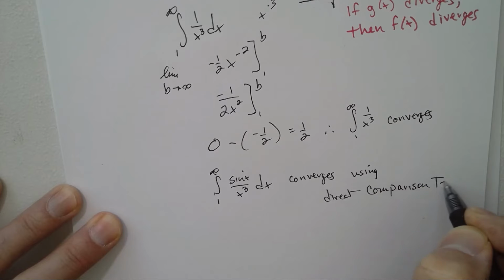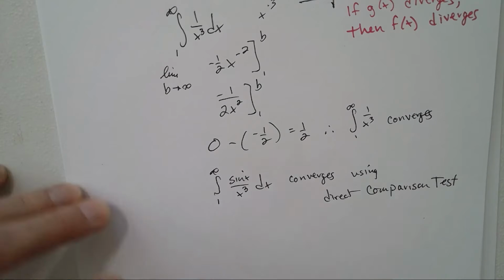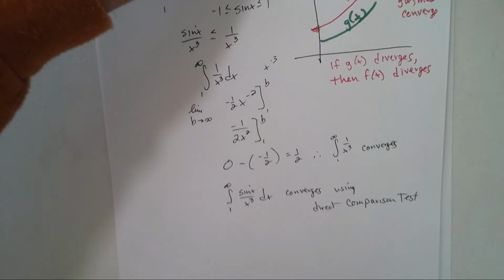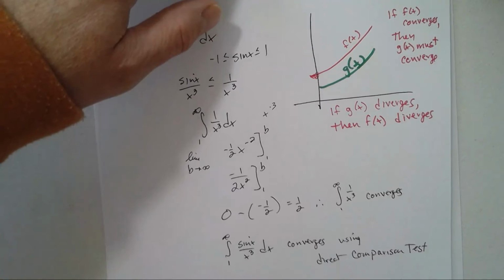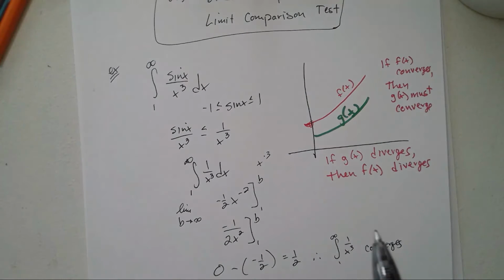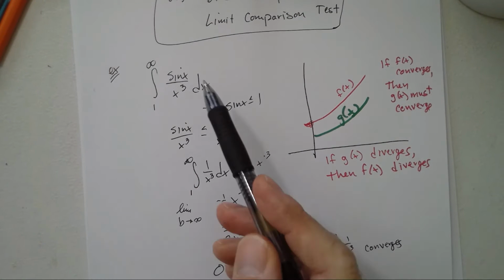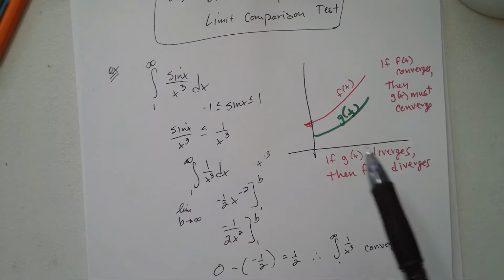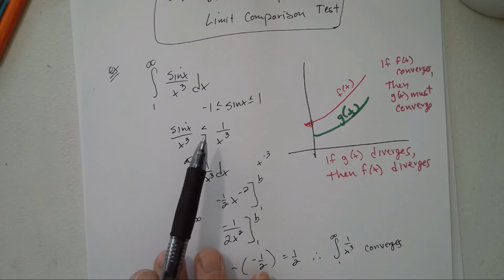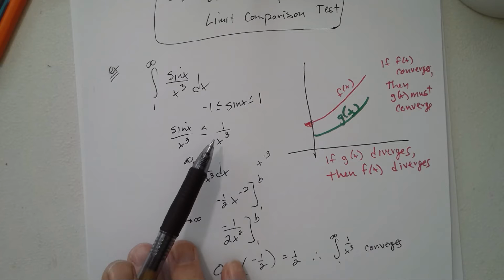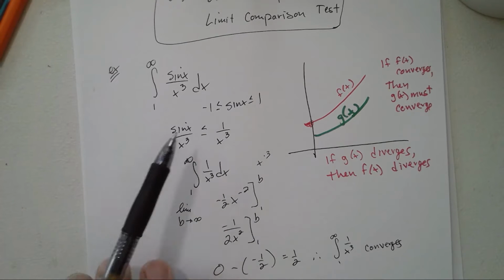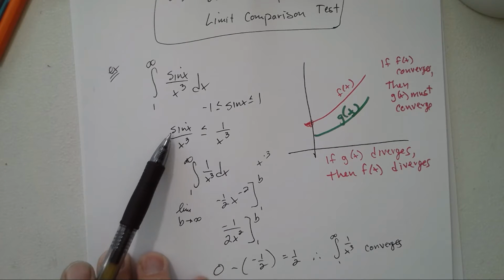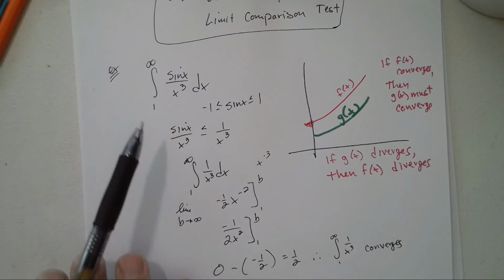There are a couple things you need for the direct comparison test. You need a function, or an expression, to compare it to. That's not always easy to find. You also need to know that if the function you choose converges and it's bigger, then you can safely conclude that the smaller one, the original, converges.